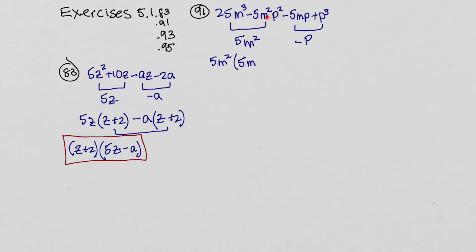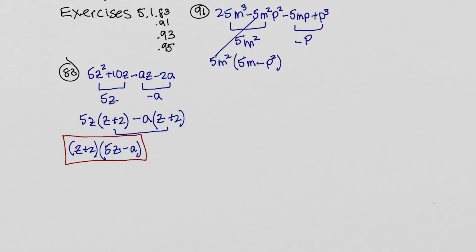And then in the second term, it's negative 5m squared p squared. So there's a negative 5. So negative 5 divided by positive 5 is negative. The 5 was there, we removed it. The m squared was there, we removed that. So what's left is a p squared.